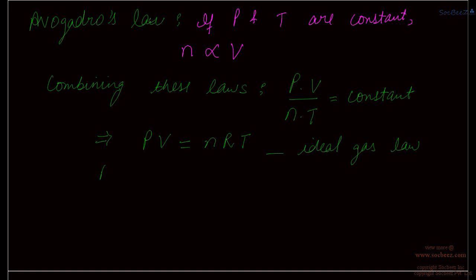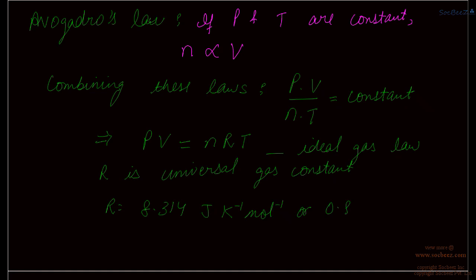Here R is the universal gas constant, and its value is 8.314 joule per Kelvin per mole, or 0.0821 atm liter per Kelvin per mole.